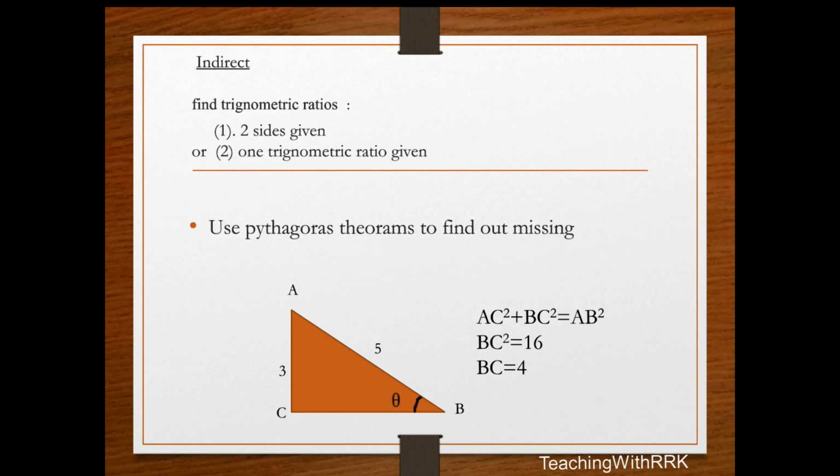So first you should draw the right triangle, then mark the sides. Sine theta means 3 by 5, opposite by hypotenuse. Again use the Pythagoras theorem and find the missing side. Then from the figure you will get all other trigonometric ratios.